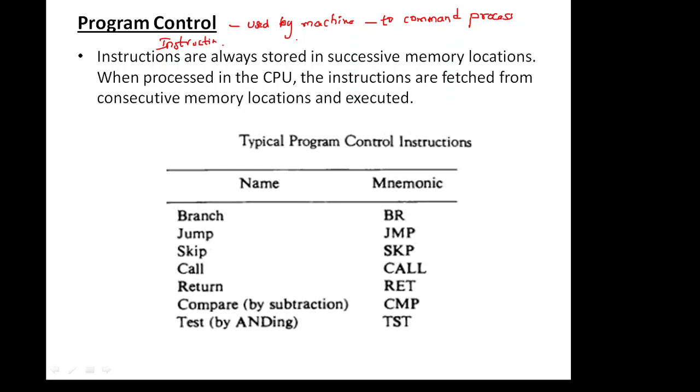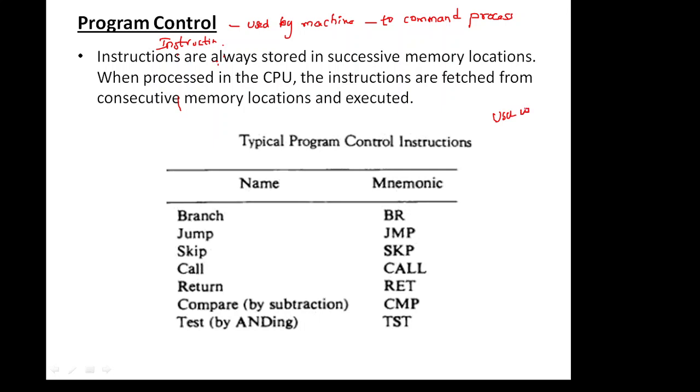The user code is translated into machine code, and thus the instructions are passed to the processor to do any sort of task. This is the procedure we follow.